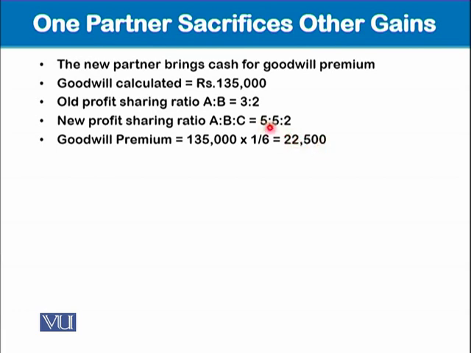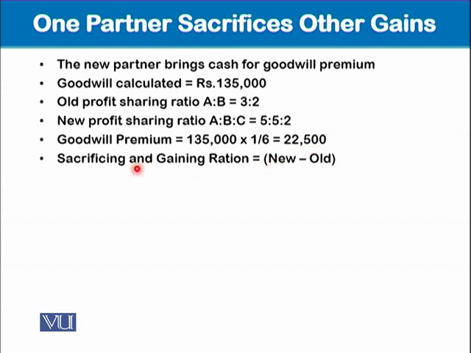You see 5 plus 5 plus 2 is equal to 12. Either we say 2/12 or 1/6, it is the same thing. So no issues at all. 135,000 times 1/6 or 2/12, whatever you want to do, gives us 22,500, which is the goodwill premium.